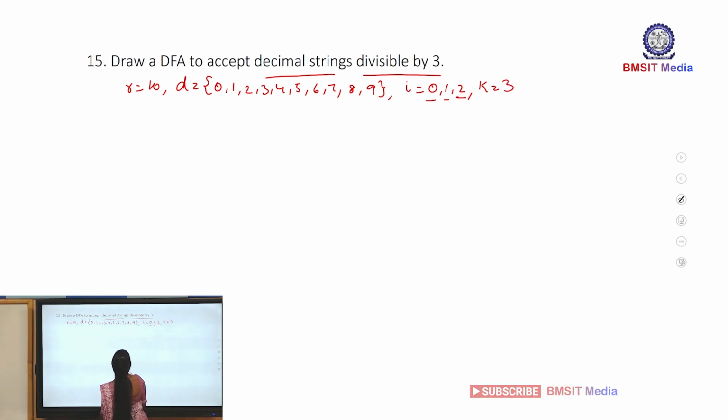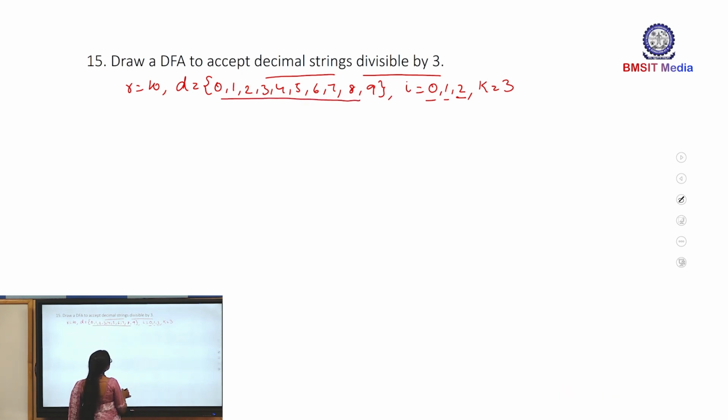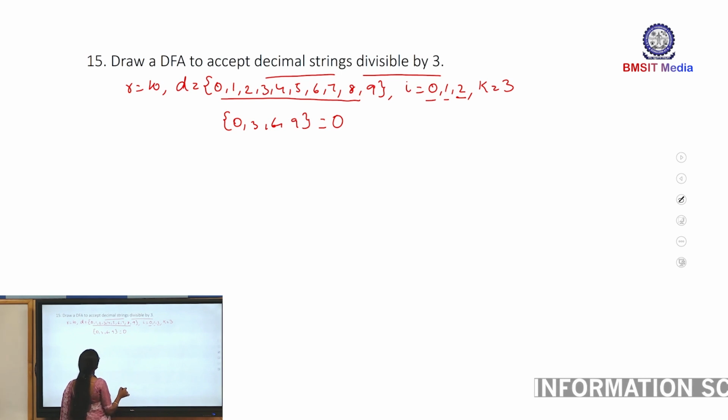Now to construct this, first among these digits we'll find out the ones that produce the remainders 0, 1 and 2. If I take the set 0, 3, 6, 9, all of these will give me a remainder of 0.